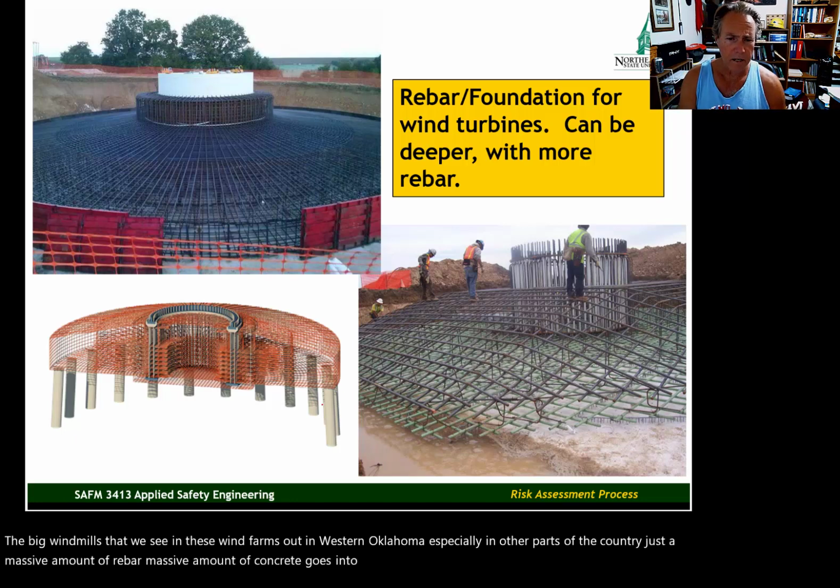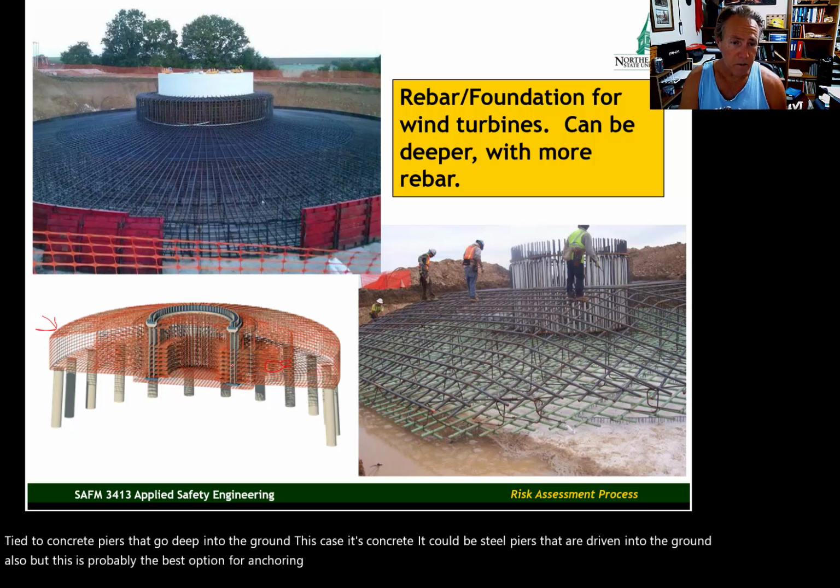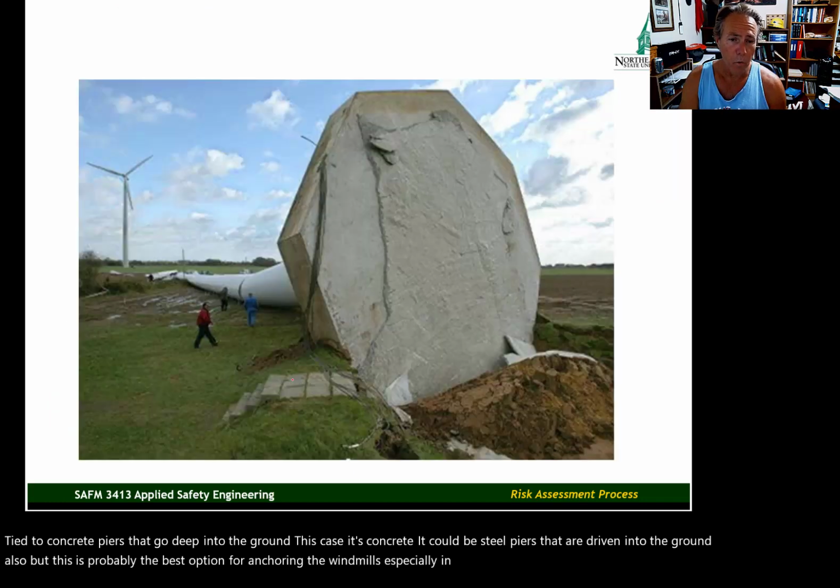And in some designs, they even have the rebar tied to concrete piers that go deep into the ground. In this case, it's concrete. It could be steel piers that are driven into the ground also. But this is probably the best option for anchoring the windmills, especially in areas where there's a lot of wind.